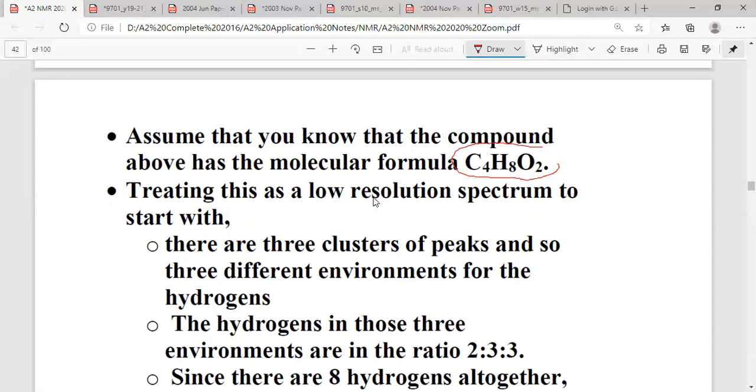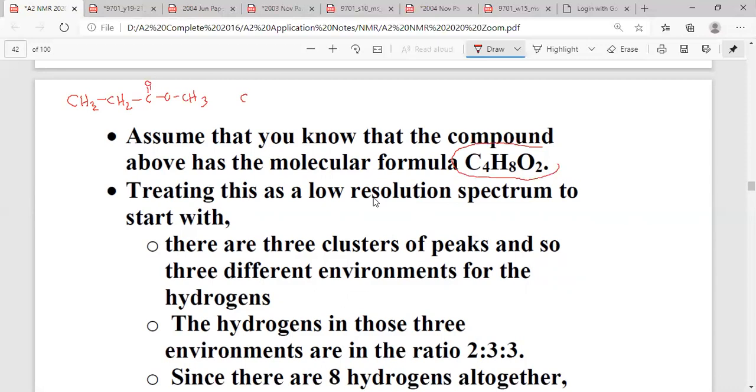If it is an ester, it can be CH3, CH2, C, O, and CH3. You count 4 hydrogens, 4 carbons, 2 oxygens; this is your methyl propanoate.